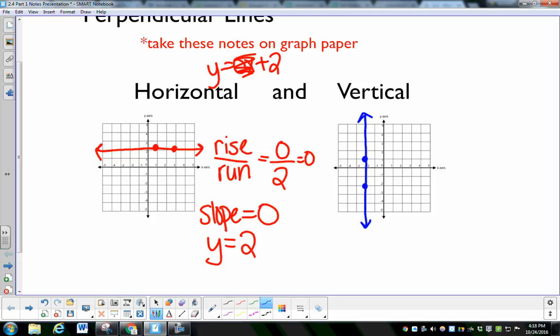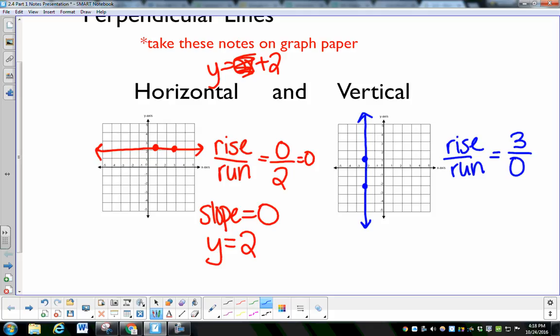I'm going to look at those 2 points, although any points would work for this. If we look at, like we did last time, our rise and our run, well, between those 2 points, our rise is 3, right? It goes up 3. But our run is how far we go left to right, and we don't go left or right at all. It's the same distance over on the x-axis. So our run in this case is 0.